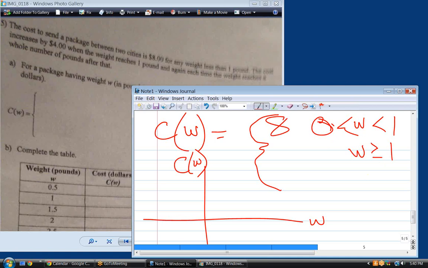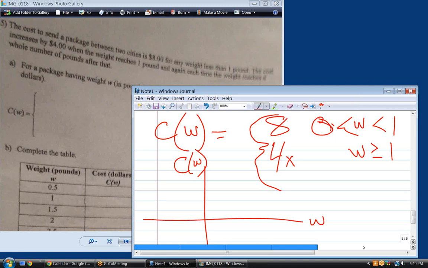What is the equation going to be when it's greater than 1? The cost increases by $4 per pound. That's the slope, 4. So it would be 8 plus 4. Well, it would be 4x for starters. Now let's see if that's enough.